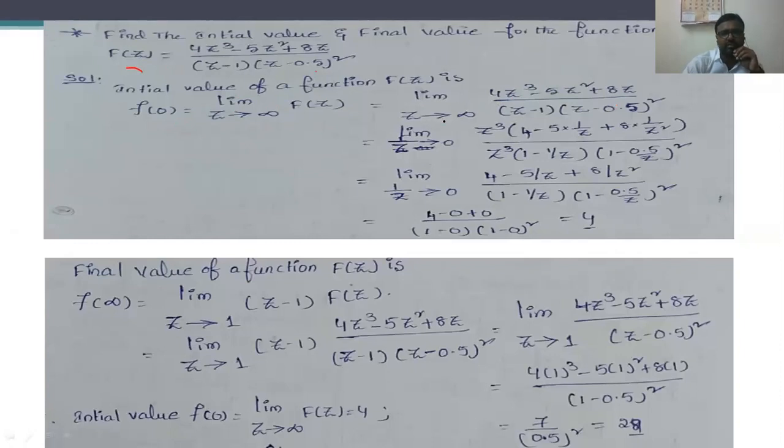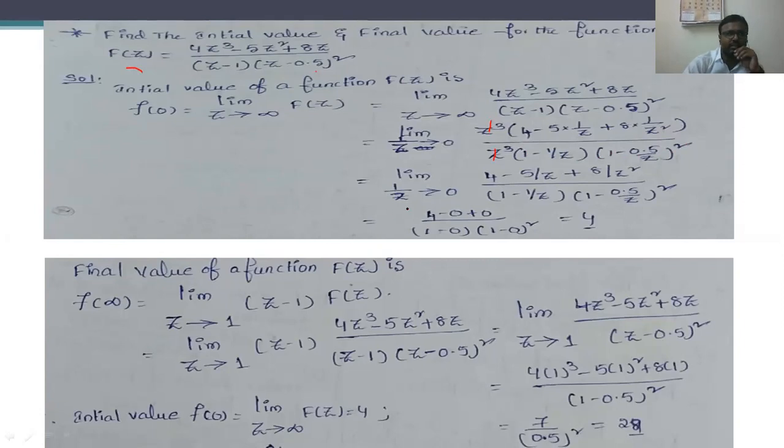So z tends to infinity means 1 by z tends to 0. Taking z cube common in the numerator and denominator and cancelling them, we are going to get 4 minus 5 by z plus 8 by z square, divided by 1 minus 1 by z into 1 minus 0.5 by z, whole square.